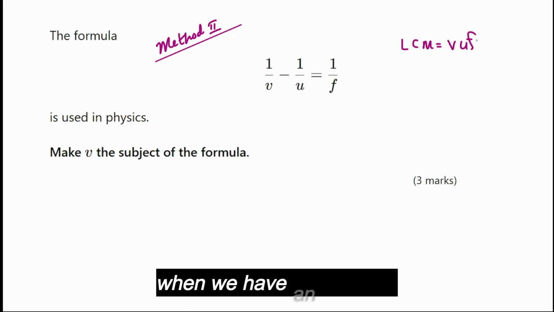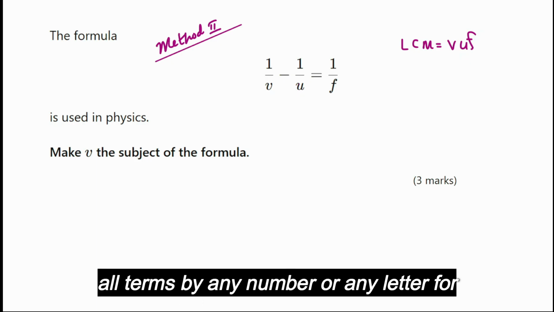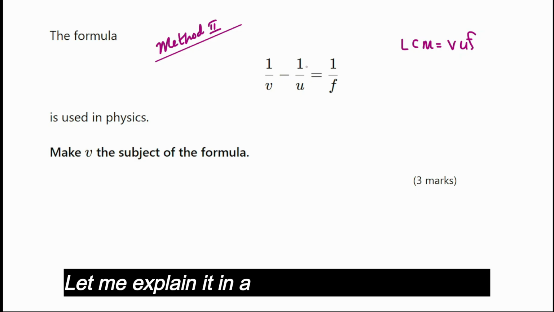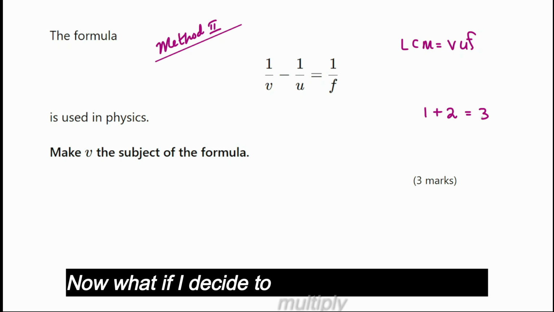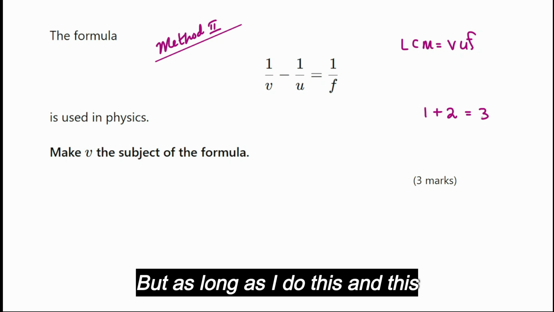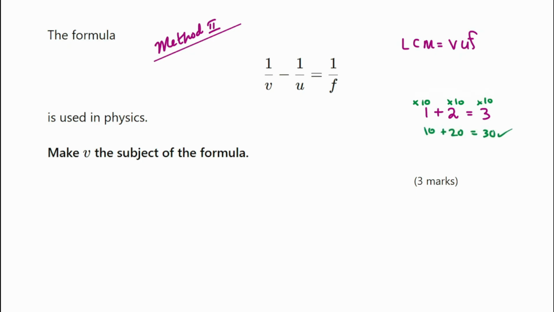Now, when we have an equation, you can multiply all terms by any number or any letter for that matter. Let me explain it in a very, very simple way. Say 1 add 2 gives you 3. Now, what if I decide to multiply this one by 10? As long as I do this and this, I'm fine. Because you get 10 add 20 is 30, which is a correct statement.